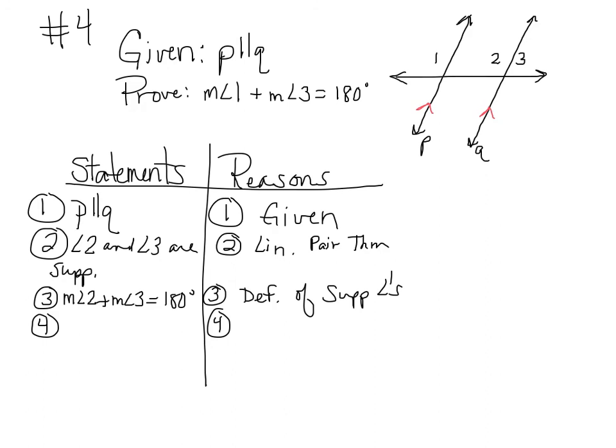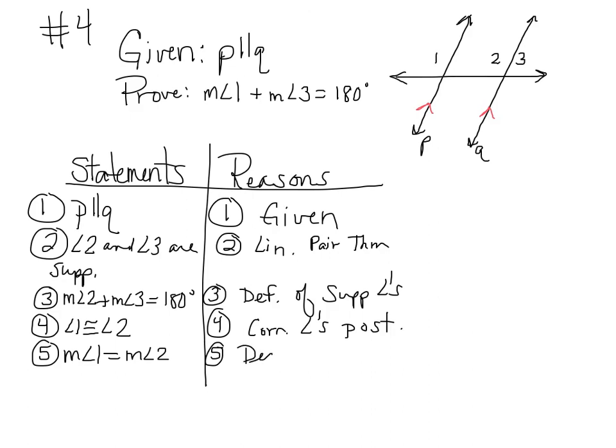We know that angle 1 is congruent to angle 2. Why? Because they're corresponding angles. And the corresponding angles is a postulate. So it's the corresponding angles postulate. So now we know that their angles are congruent. Well, because they're congruent, we know that the measure of angle 1 equals the measure of angle 2. Why?